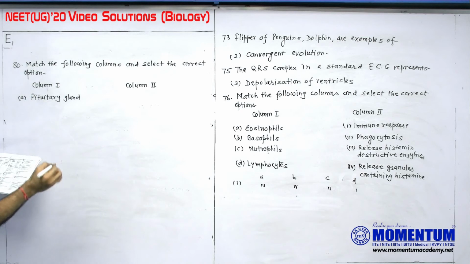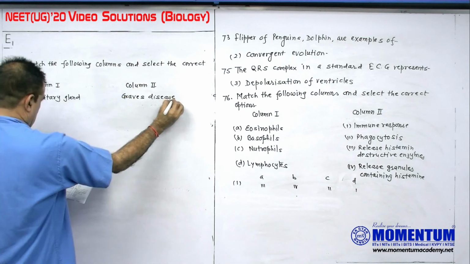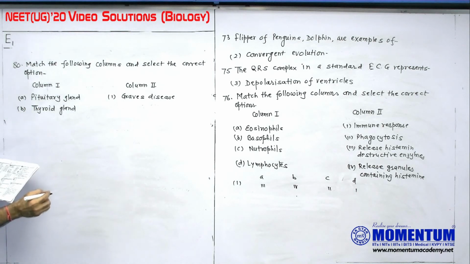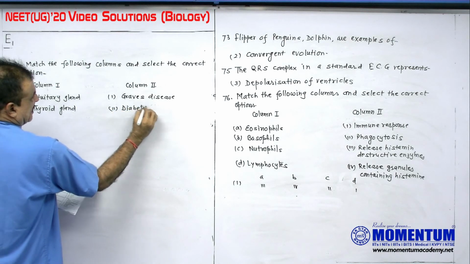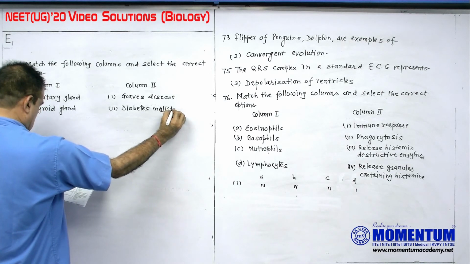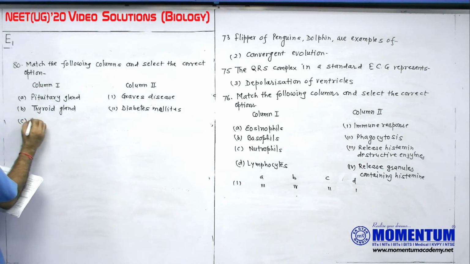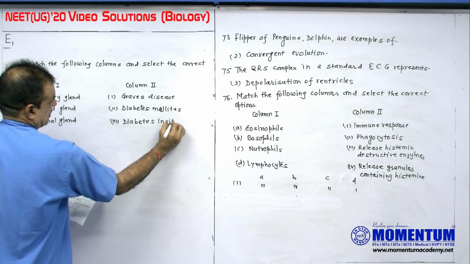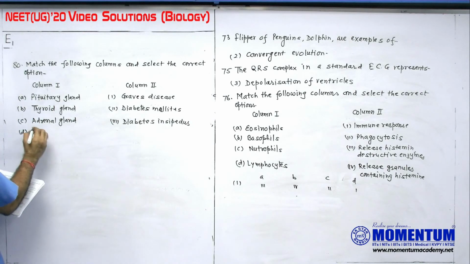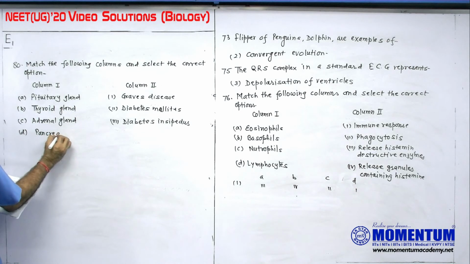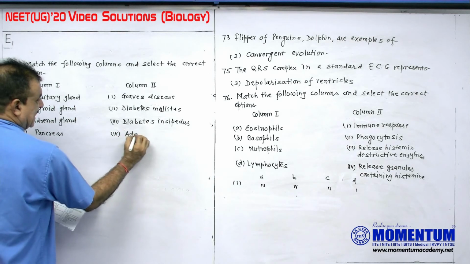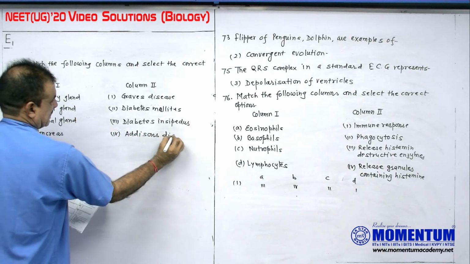Pituitary gland, Graves' disease; thyroid gland, diabetes mellitus; adrenal gland, diabetes insipidus; pancreas, Addison's disease.